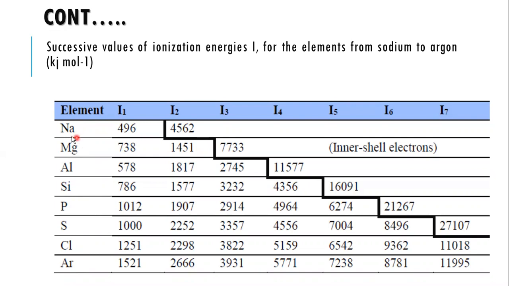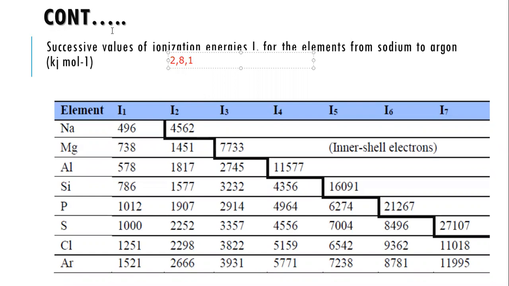So for sodium, you know the electronic configuration. The I1 is a little less. Sodium is 11, so you will end up with 2, 8, 1.